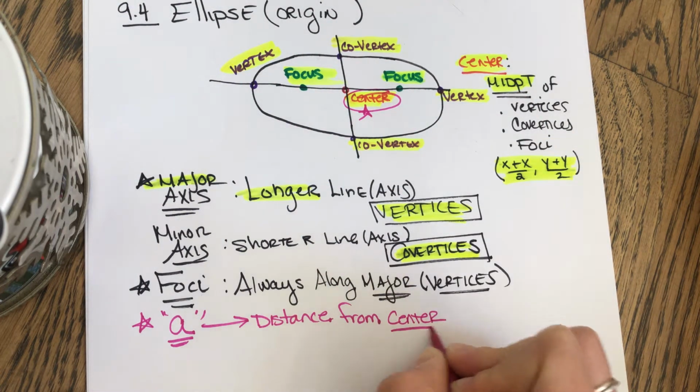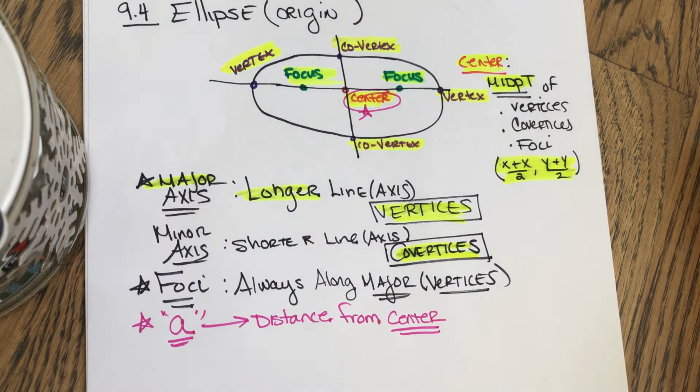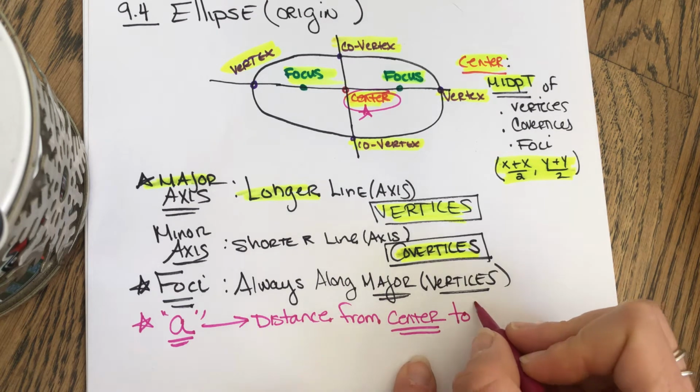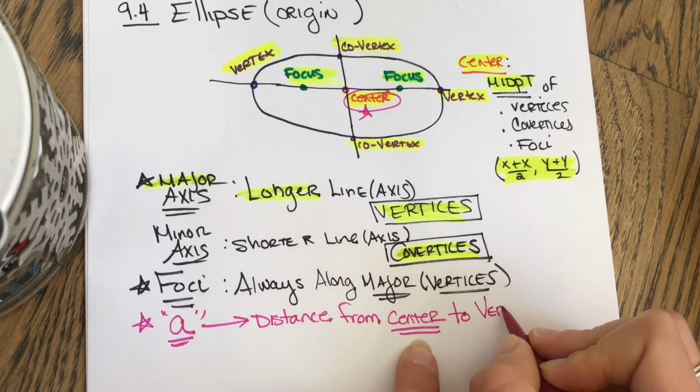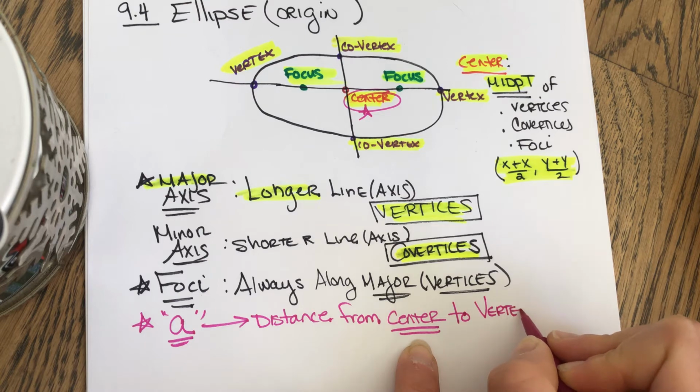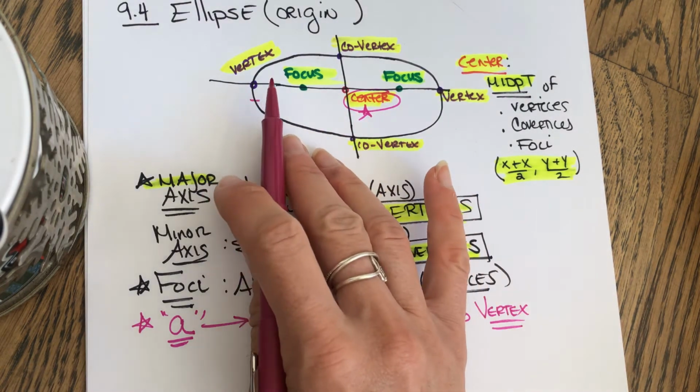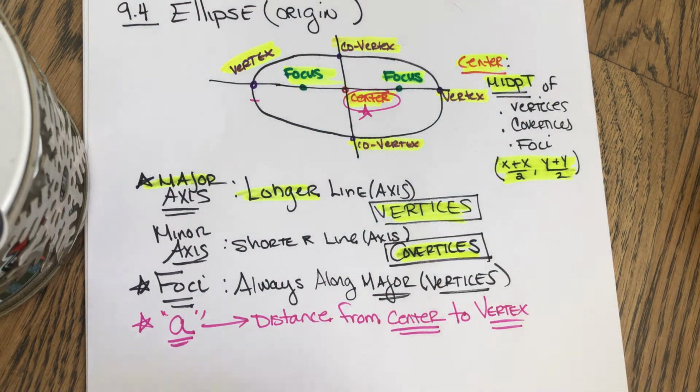So it's the center to, now think, A, the most important thing, what we're starting at, what's the longer thing? The vertex. So it's the distance from the center to a vertex, because obviously it does not matter. The distance from here to here is the same as here to here. So that's our A value.